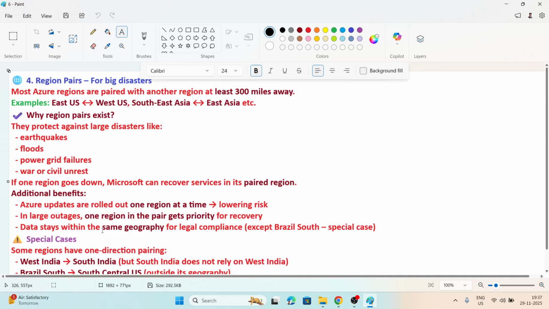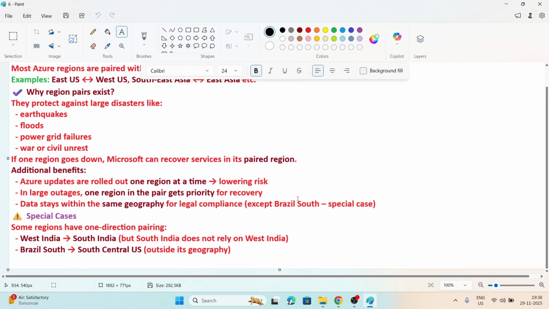Like if there is a pair between East US and West US, Microsoft does not save the data in other locations like other countries. It will only save East US data into West US and West US data into East US. So there is an exception for Brazil South. It's a special case, as it is connected with the US.